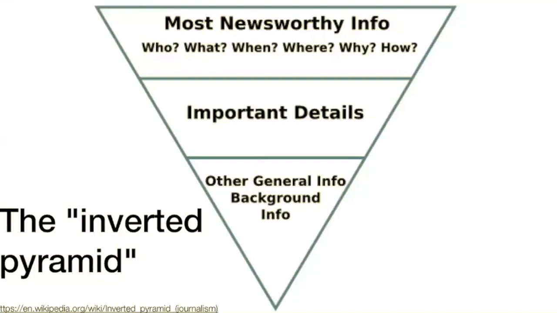Part of the reason for this was back when newspapers were just printed on paper, sometimes when they were laying out the paper, they would run out of space. And so the way that they would make something fit is they would start cutting things off from the bottom of the story, like cut off the bottom paragraph and the next one. So if you were writing a story, you needed to make sure that the most important stuff was at the top.